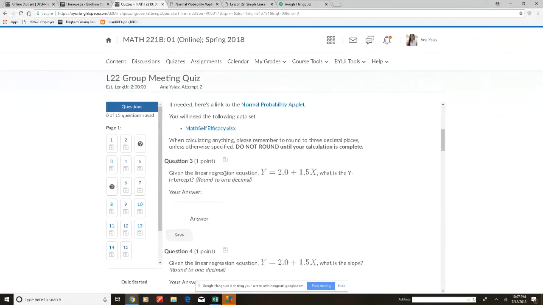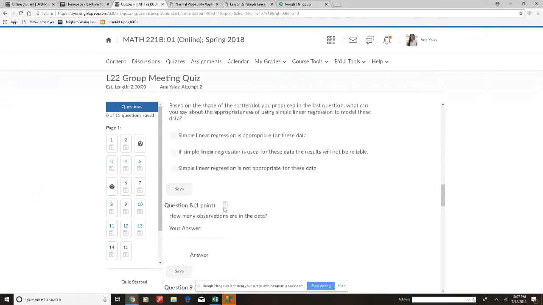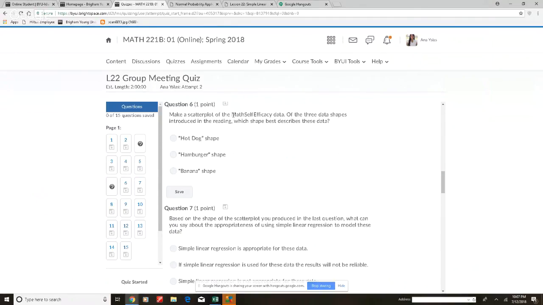With the information it says given, where is it? How many observations? It says for the next 7 questions, use this data. Be sure to use the confident data. Okay, make a scatter plot of the 3 data shapes.